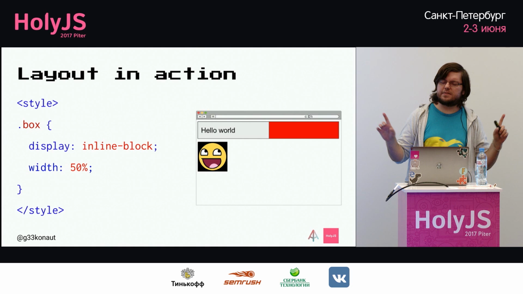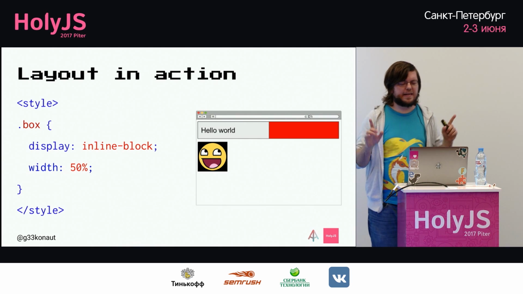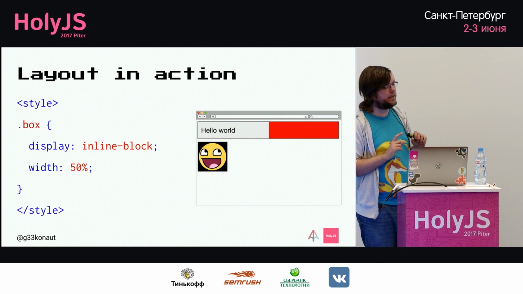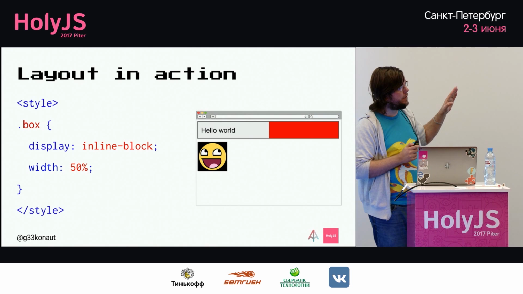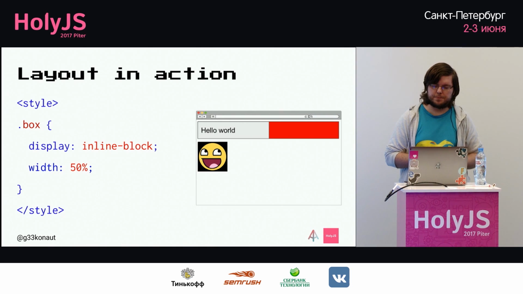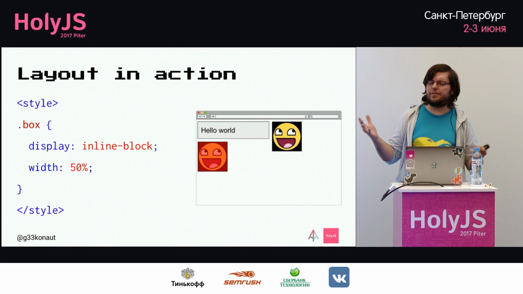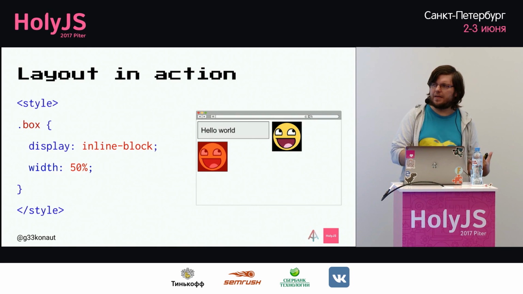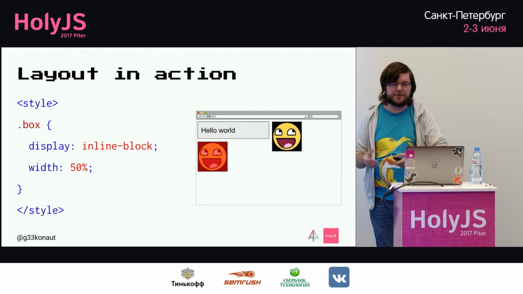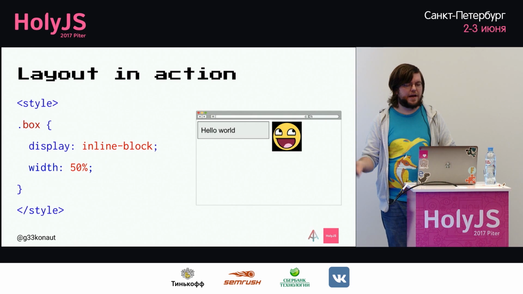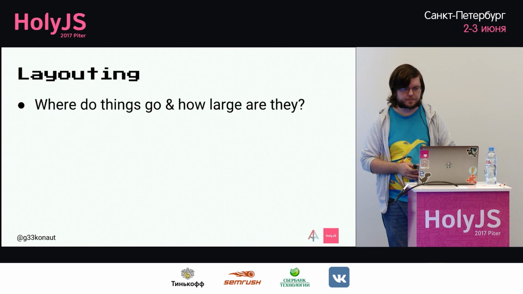But then it goes, wait, there's CSS here, and it says that the box is actually inline-block and it's only half the width. So we are cutting off half of our wonderful box that we created beforehand, and then it's like, okay, wait a minute, now we have space for the image, so we're removing the image where it was and moving it to where it can fit. And then we end up with what the laid-out page looks like. So that's the layout algorithm.